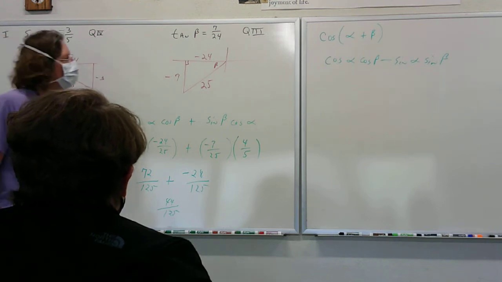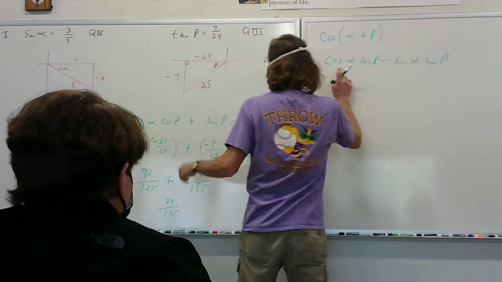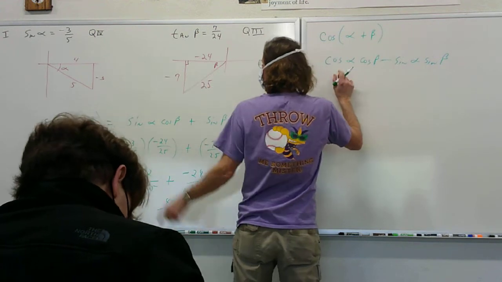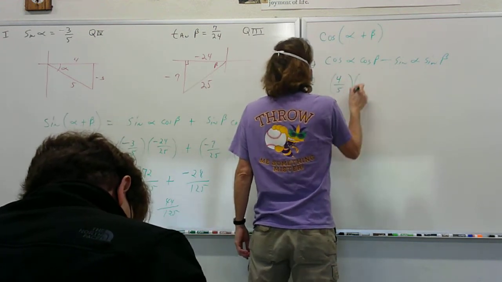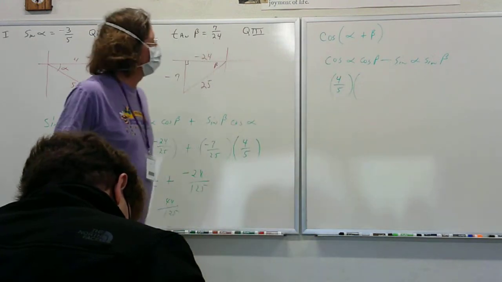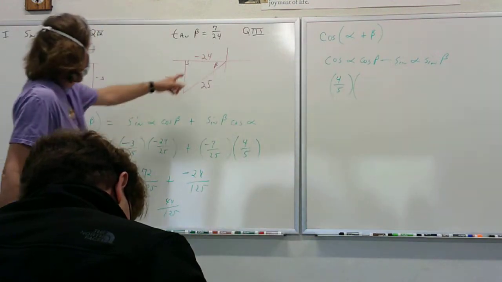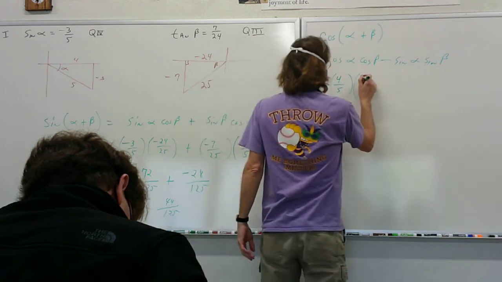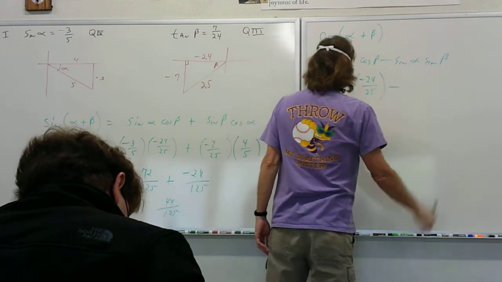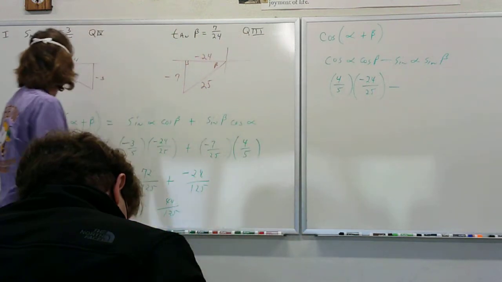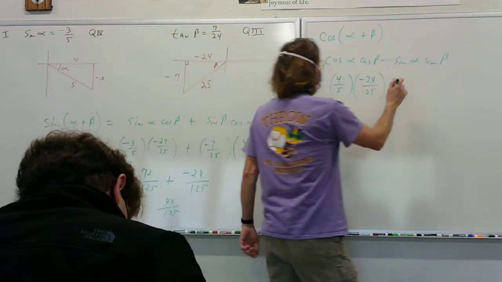All right? Now, the cosine of alpha, 4/5. And somebody will tell you there's another way to do this. I'm wanting you to learn the rules, so we're going to do that. Cosine beta, negative 24 over 25. Minus sine of alpha, that's negative 3 over 5.